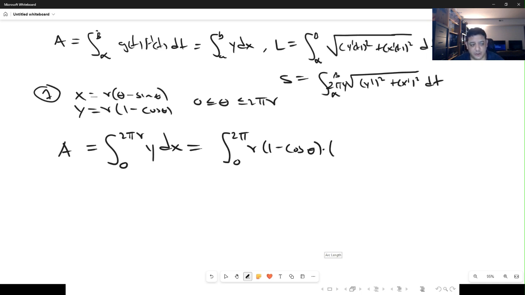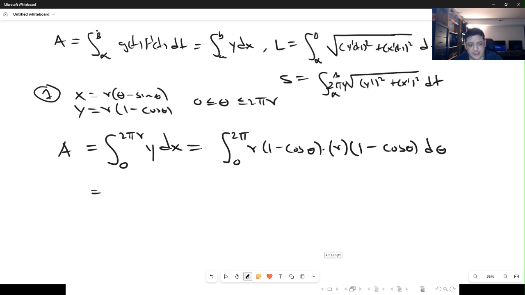So we have another r here, and the derivative of theta is 1 and the derivative of sine is cosine, so we have 1 minus cosine of theta again, and then d theta, since that's the parameter.